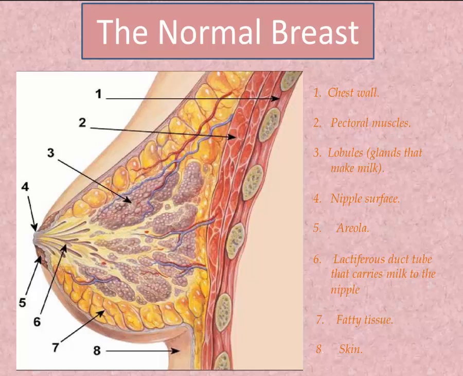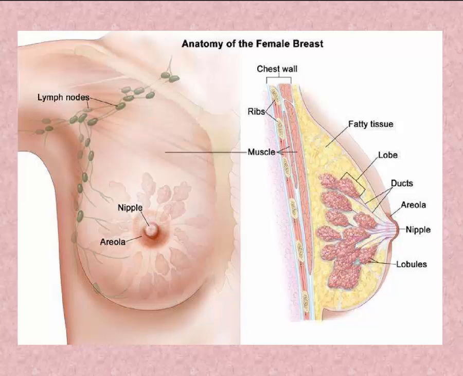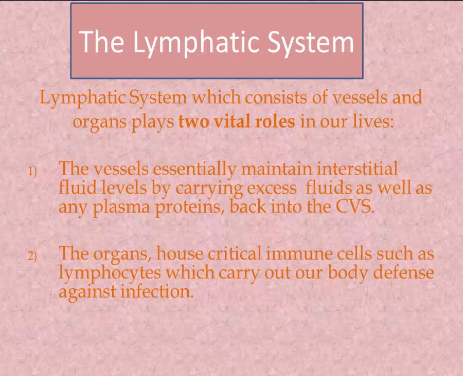This is a normal breast. Anatomy of the female breast. The lymphatic system, which consists of vessels and organs, plays two vital roles in our lives. 1.